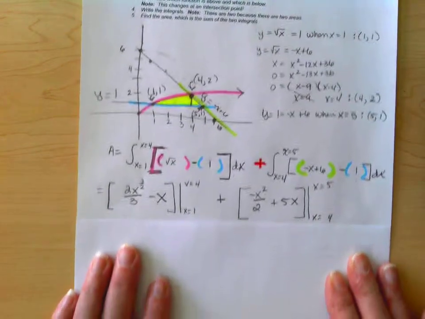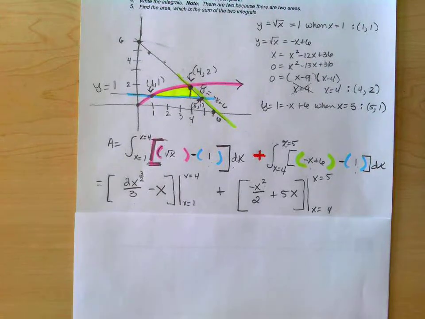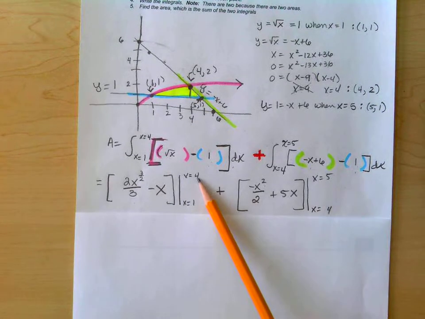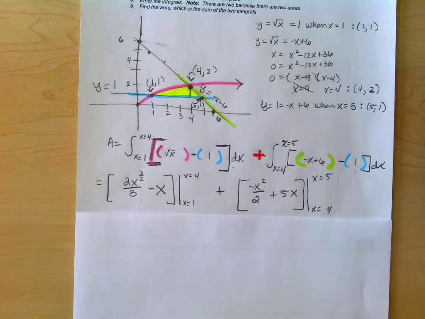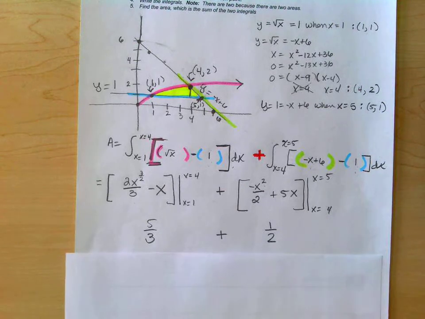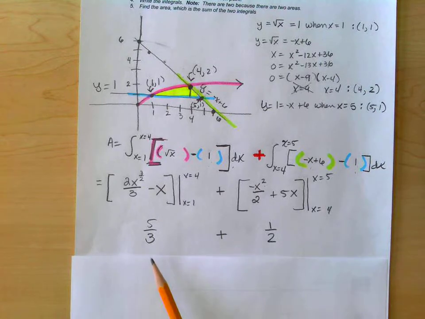At this time, you may want to pause the video to plug in your x's and do the subtraction, do the arithmetic, whether you're doing it by hand or with a calculator, and verify that you're going to get the same result. When I did the calculation, I got the area under the pink curve as 5 over 3, and the area under the green curve as 1 over 2.